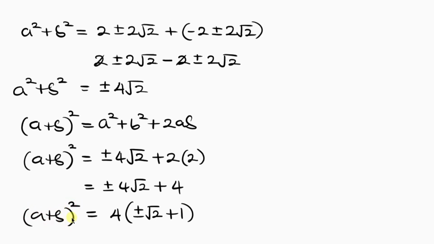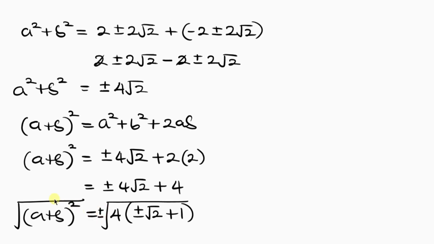Remember we said we are in need of a plus b. So let's go ahead and get rid of this square. And how do we do that? It is simply by taking the square root of both sides. So I'm going to be taking the square root of the left hand side, I'll also take the square root of the right hand side, but I'll remember to always put plus or minus.